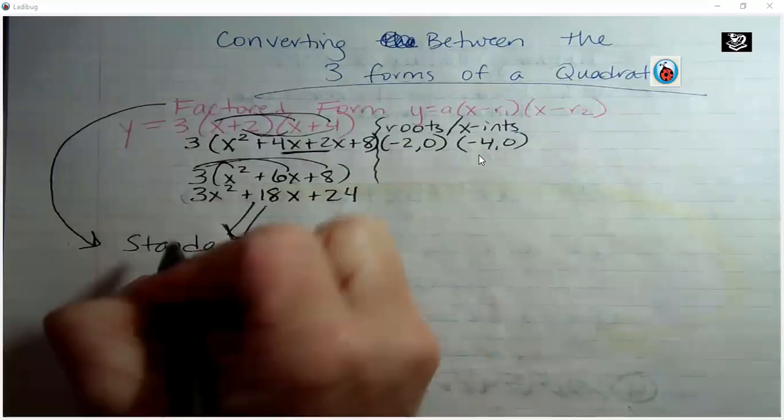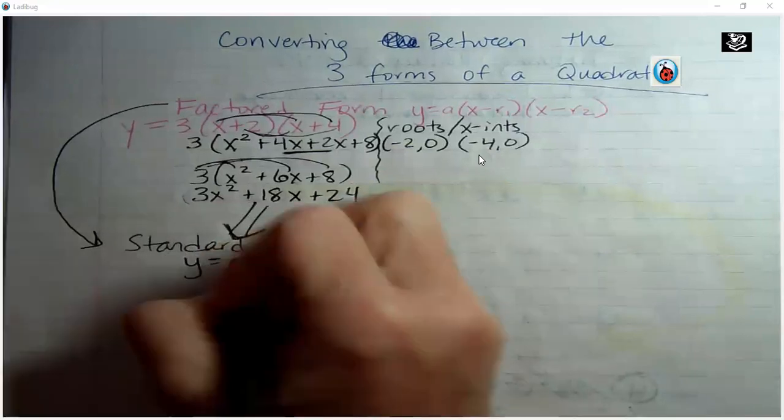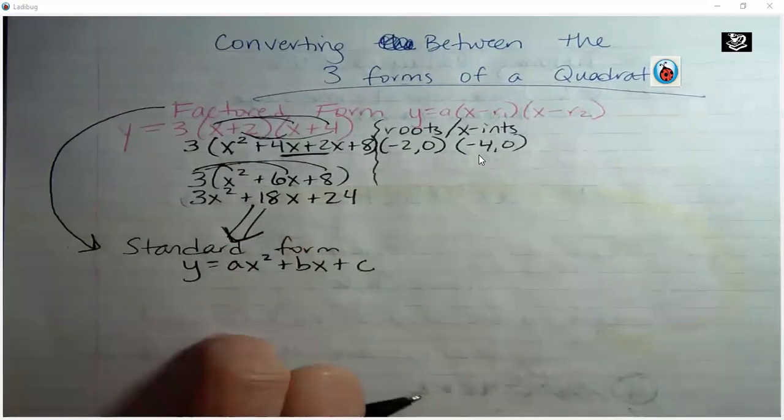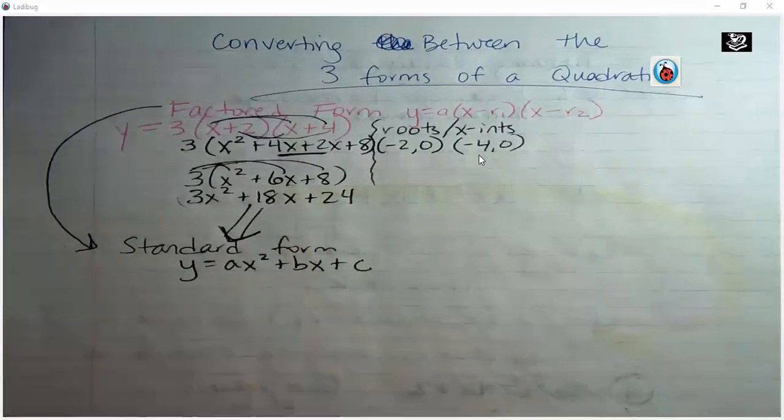Remember, the formula for standard form is y equals ax squared plus bx plus c. Once again, this is something you should have on a note card. If you don't have it memorized, just have it on a note card. What information does standard form give you? Y-intercept. Very good.